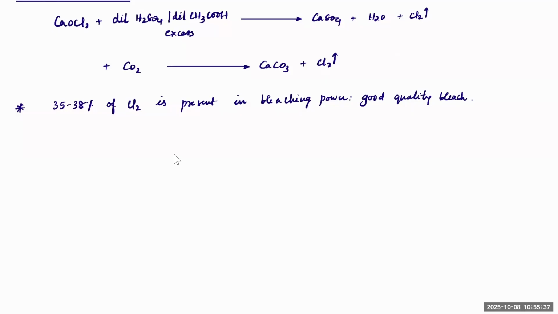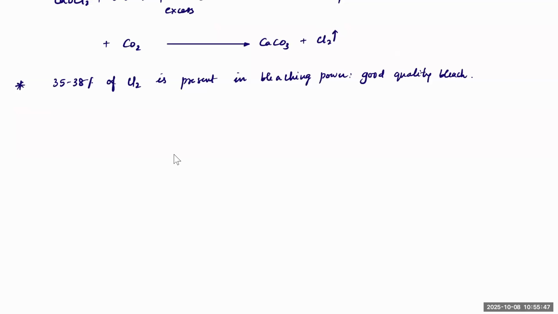Now let's see how it can be used in calculating the percentage, or how much available chlorine is here. So we know stoichiometrically how much it should be present. Percentage chlorine will be equal to 71 into 100 divided by 127. 127 is the molar mass of CaOCl2, correct?